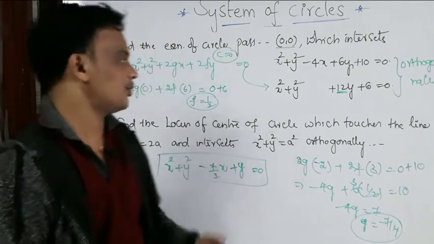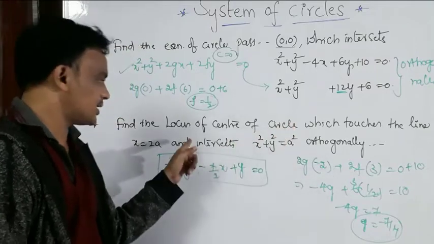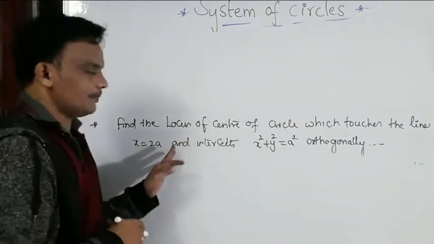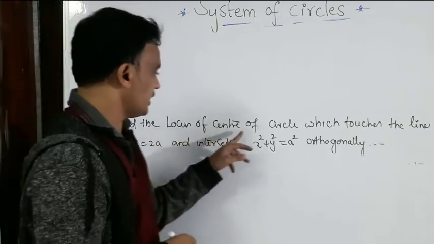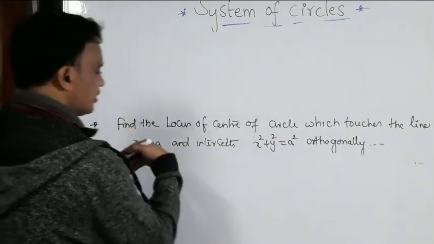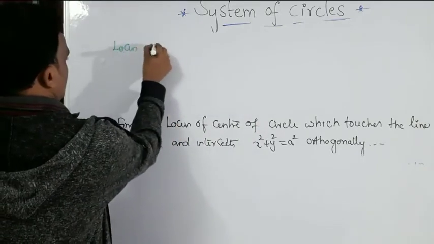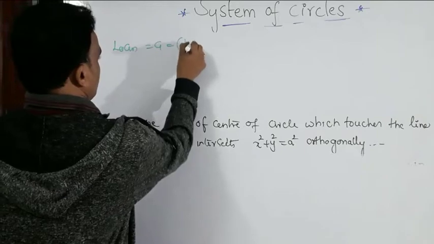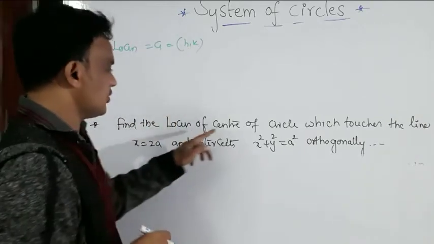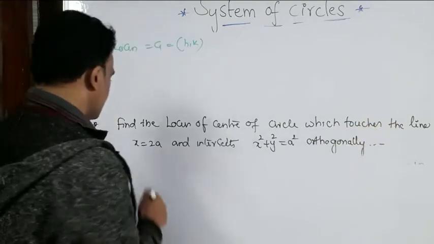Okay students, one different problem, please note this one and we will discuss the second one also. Coming to this one, what is the locus of center of a circle? Let us take the locus point of the first circle, C1 is (h, k), which is the locus point of the first circle, which touches the line x is equals to 2a.